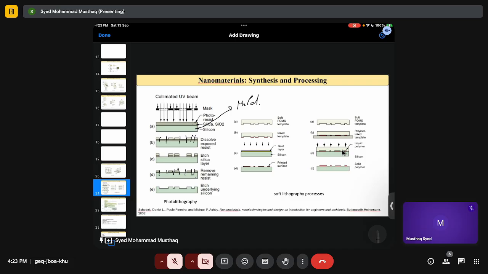This is called selective dissolution. That means you selectively dissolve one part and make sure the other part does not get dissolved. So that's how you get the term selective dissolution.